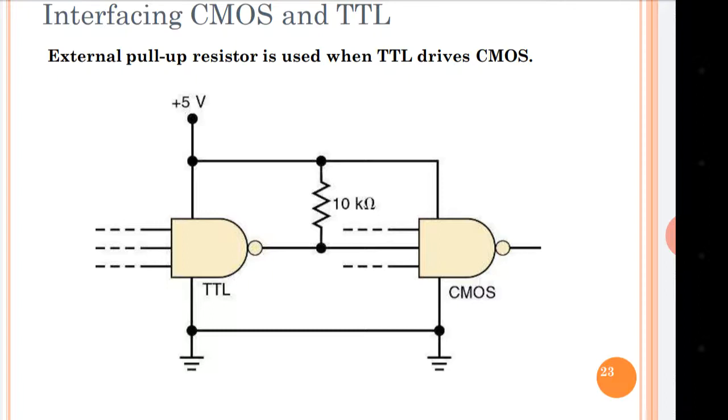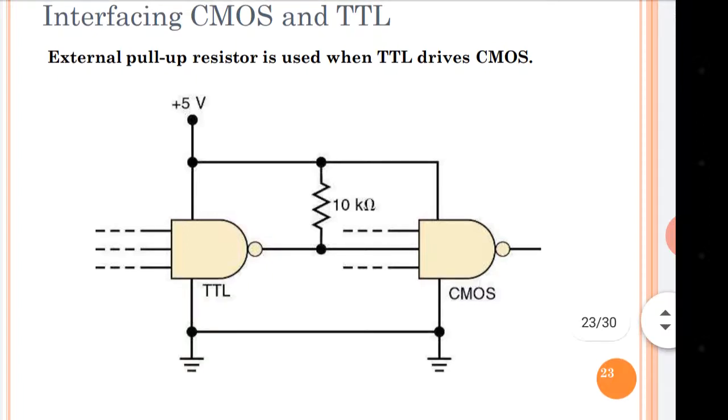As soon as the pull-up transistor stops conduction, the external pull-up resistor R charges the output capacitance to 5 volt. The value of 3.3 kilo ohm is suited in most applications and is a compromise between the speed and the power dissipation. Clearly, TTL will sink the current through the R when the output is low.